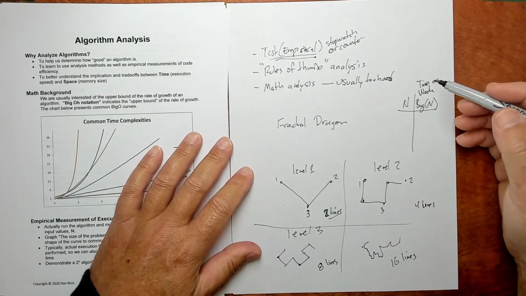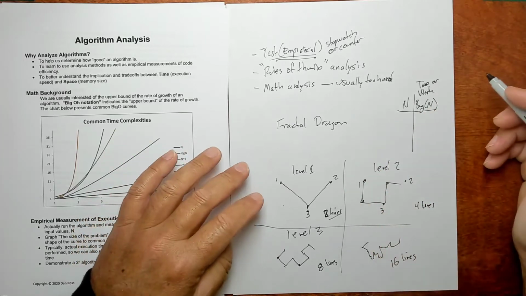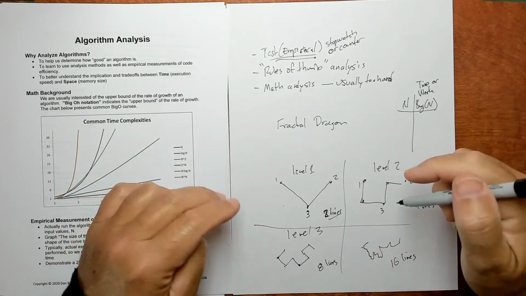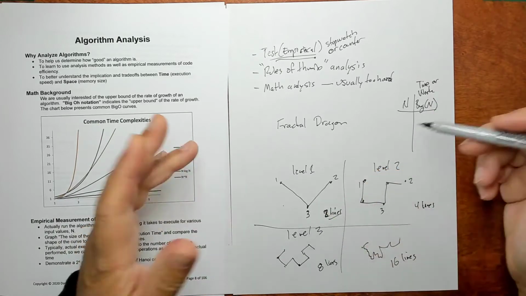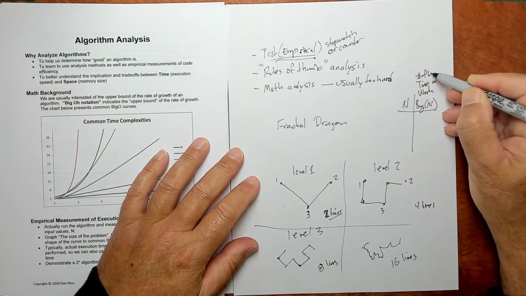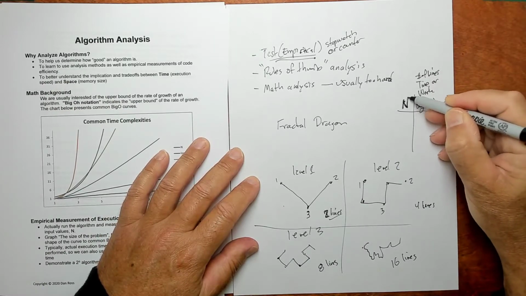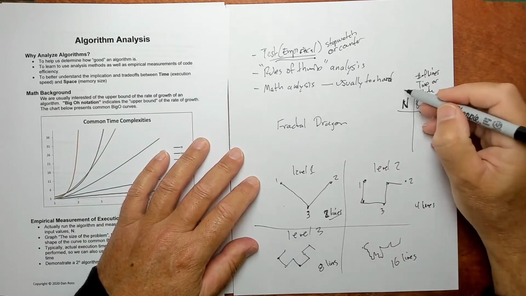But sometimes we use actual time. Sometimes we use something called work. Here we're using work, and the work is the number of lines that are being drawn. And n is the size of the problem.